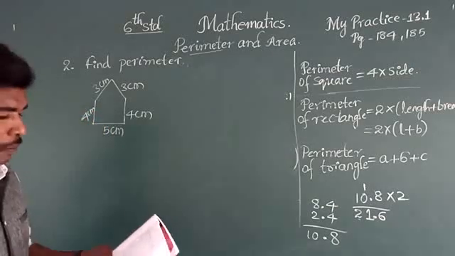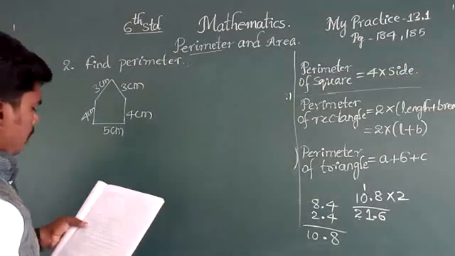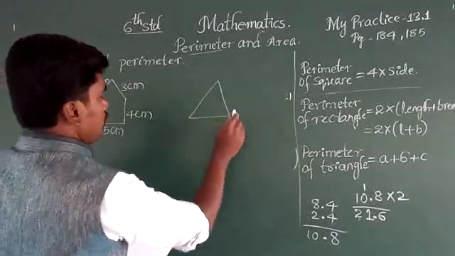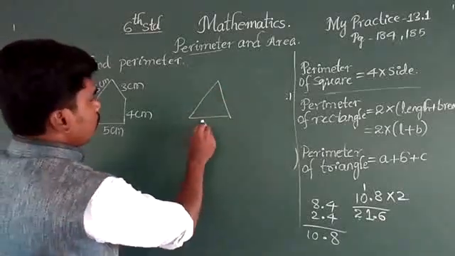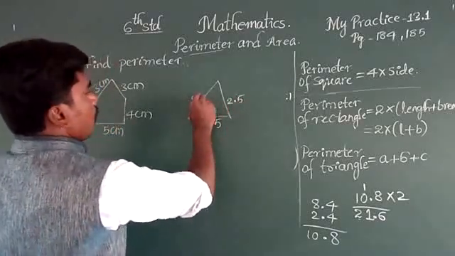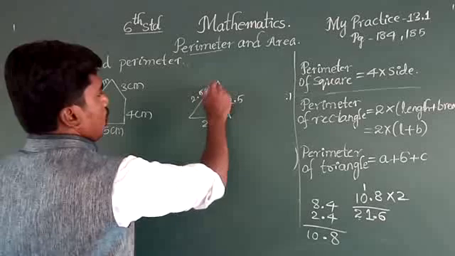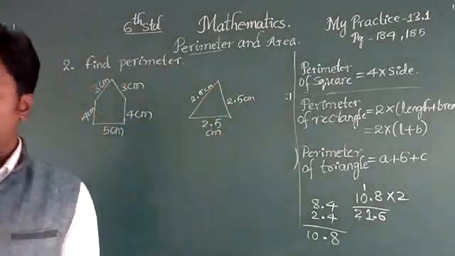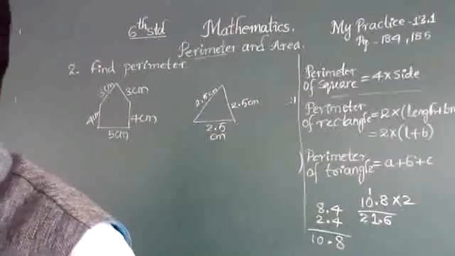Now you find this perimeter. So another shape is also given. It is a triangle. 2.5, it is also 2.5, it is also 2.5 centimeter.